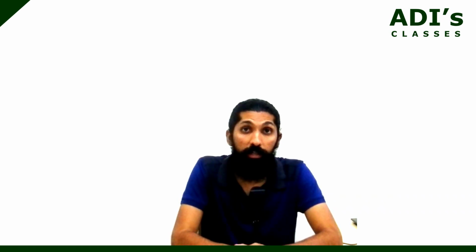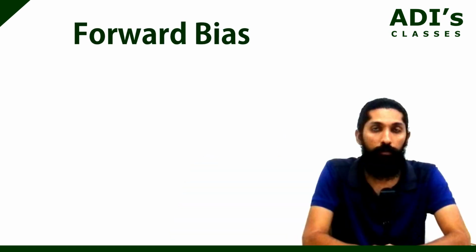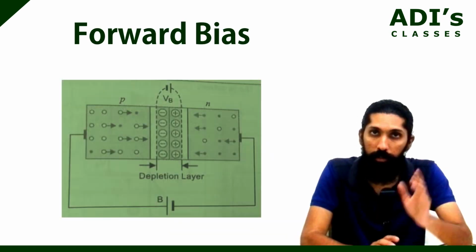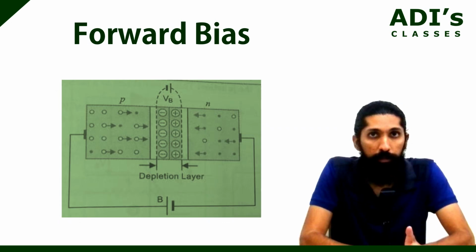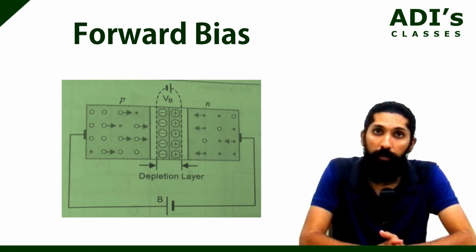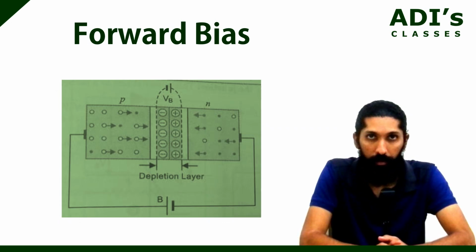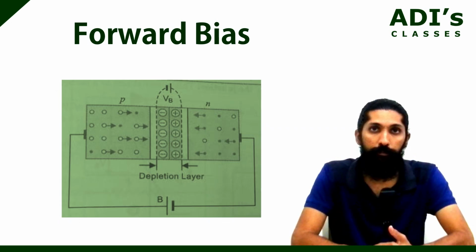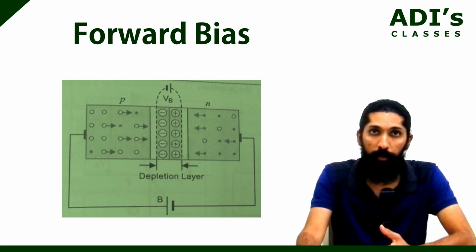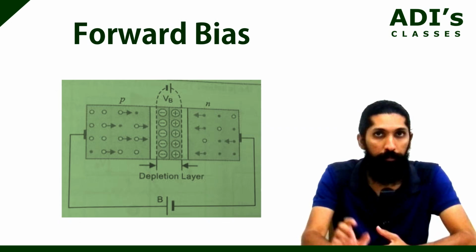Let's understand what is forward biasing. Under forward biasing, look at this particular circuit. The P type is connected to positive, N type is connected to negative, correct? Once you have this circuit, what happens in a forward bias condition? It's a very simple thing.